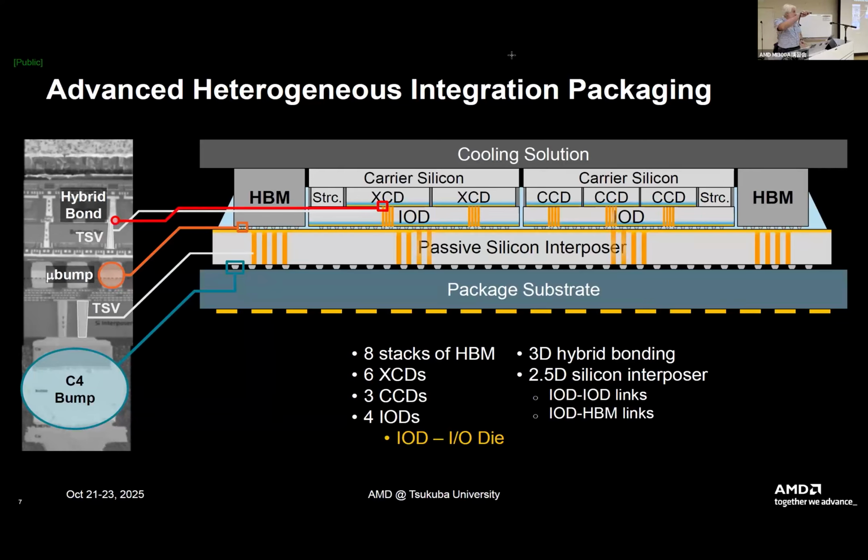And there's more than just these compute chiplets, the XCD, which is your graphics chiplet, and the CCD, which is your CPU chiplet. But you also have I/O and other supporting mechanisms built into that single silicon device.